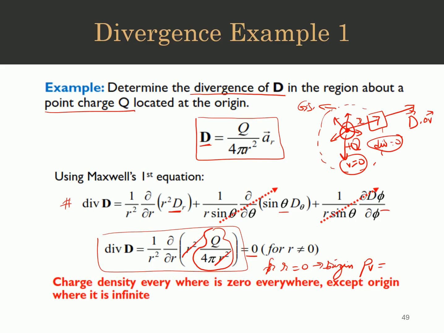It is going to exist at the origin, but it is going to be 0 everywhere else. So it is 0 for this condition, but it exists at R equal to 0. So this is a visual illustration of Gauss's point form, or Maxwell's first equation.